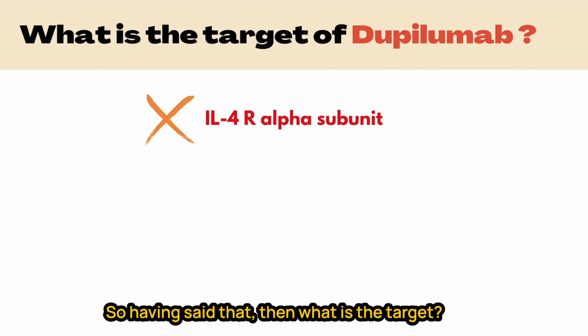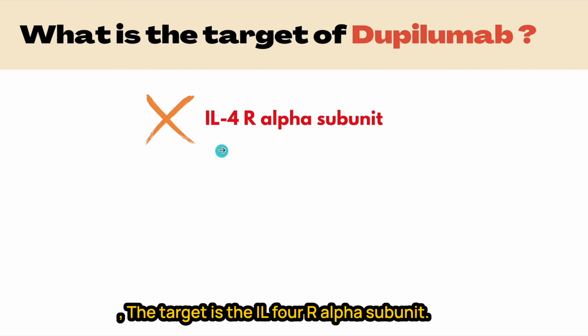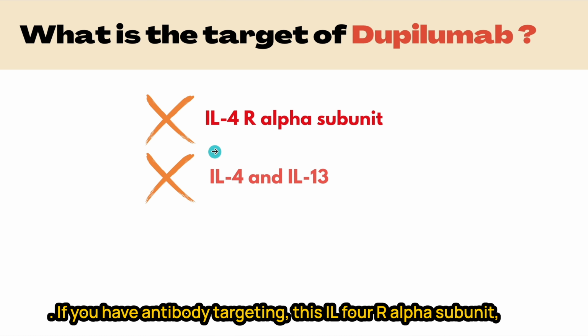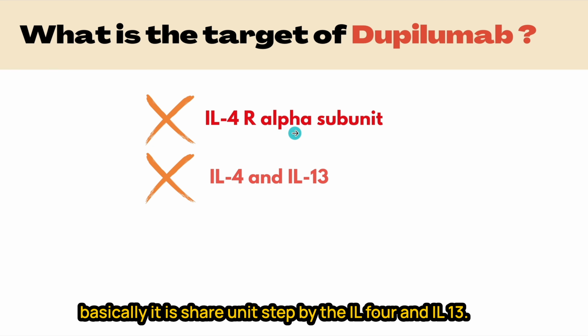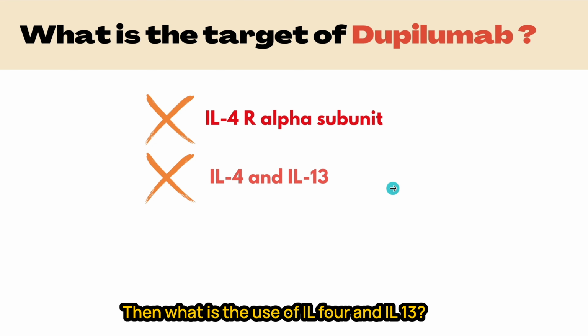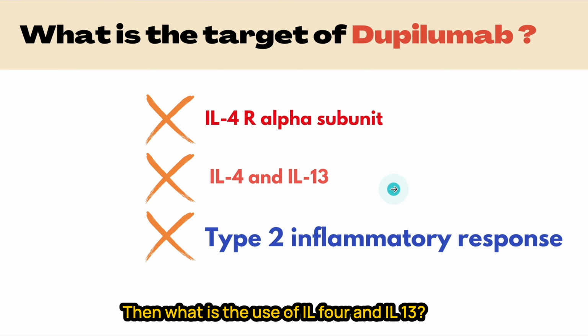Having said that, what is the target? The target is the IL-4R alpha subunit. It sounds complicated, but don't worry, I will explain. This IL-4R alpha subunit is basically a shared subunit used by IL-4 and IL-13. So when you block this, you block both IL-4 and IL-13. Then what is the use of IL-4 and IL-13?